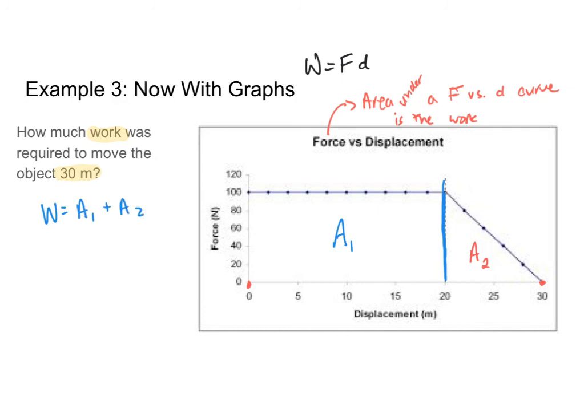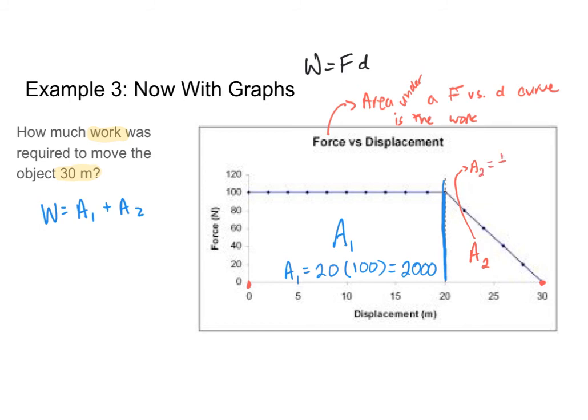A1 is equal to the base of A1, which is going to be 20 meters, times the height, which is 100 newtons. Therefore, A1 is 2,000 newtons. A2, on the other hand, is a triangle.